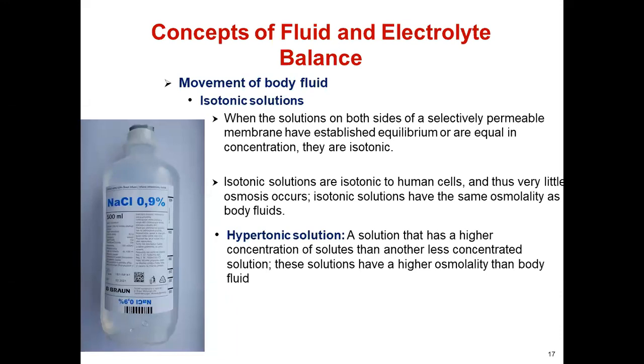In other words, tonicity is the relative concentration of a solution that determines the direction and extent of diffusion. Tonicity is commonly used when we describe the response of cells immersed in an external solution.